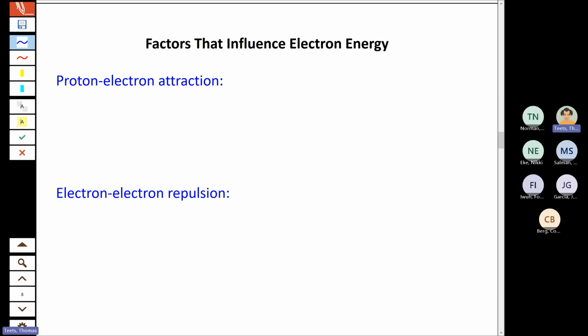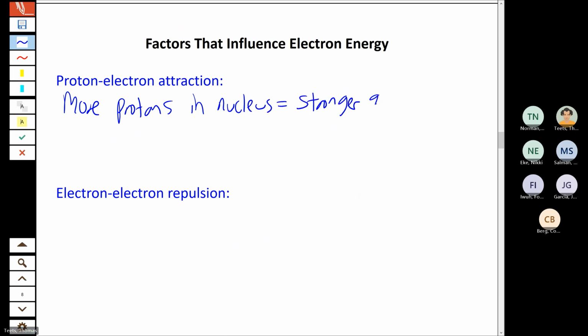Then there is that attraction between the electron and the protons in the nucleus. So if we have more protons in the nucleus, that's going to result in a stronger attraction, which results in more negative energy. Lower, I should say.